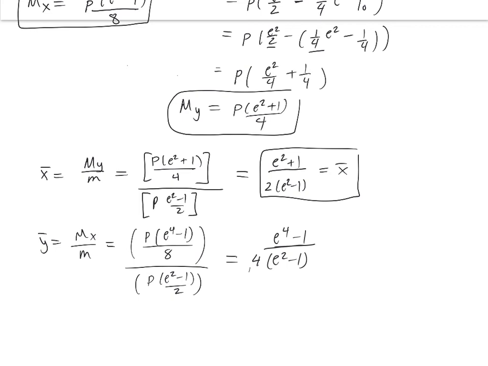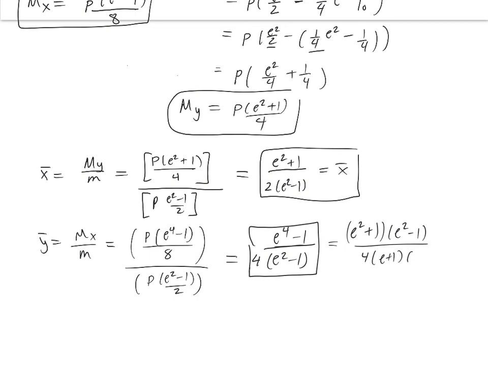But the thing is, let me set up the next one a different way. It's a little bit faster, and I'll tell you what I mean, because there's a faster way to set it up. Now there's one more thing you can do to this expression, because it can be simplified. Does anybody see it? E squared plus 1 times e squared minus 1. Do you guys see what he's saying?